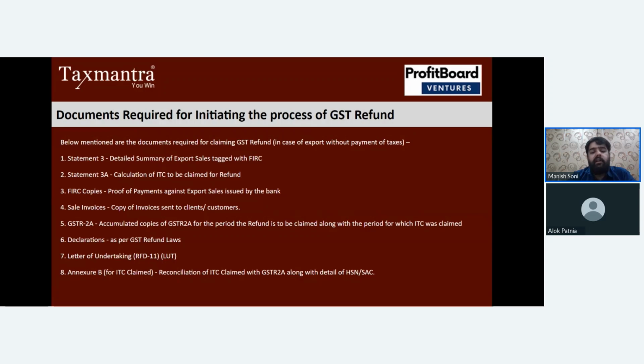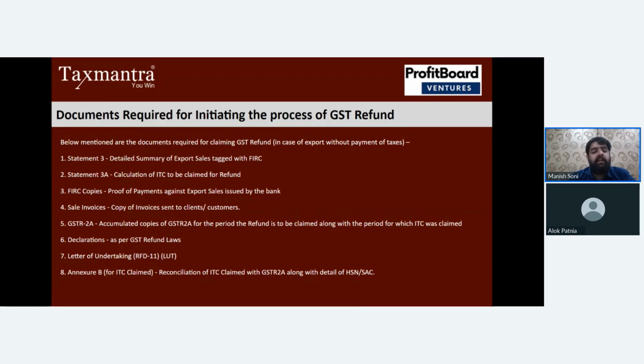But any which way, after making such payment, you can again go for the refund. But if you're not going for that blocking of your funds, I would suggest that you make sure that you file your LUT way before the financial year starts.